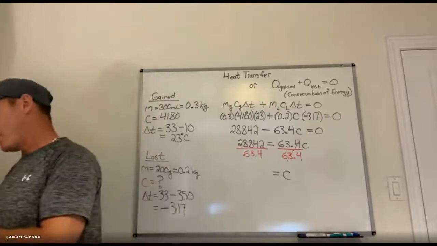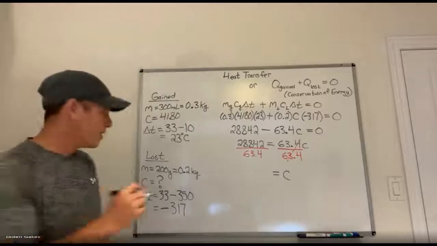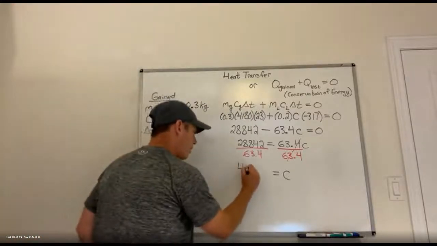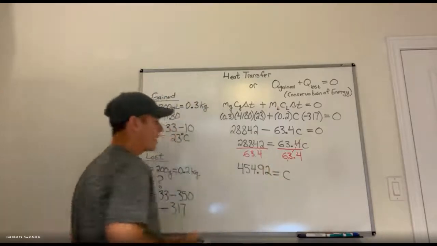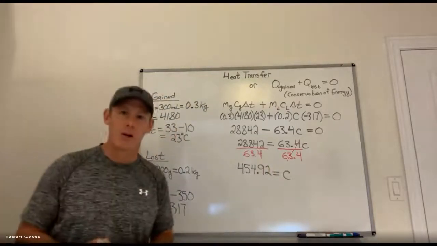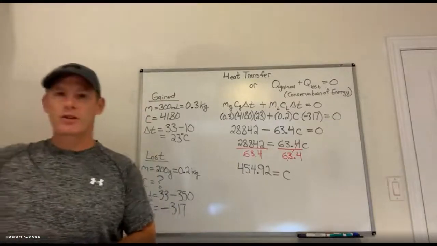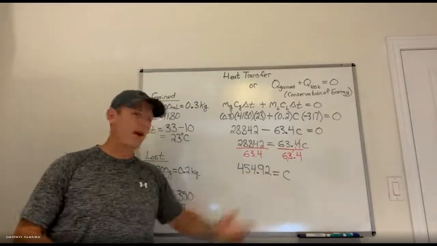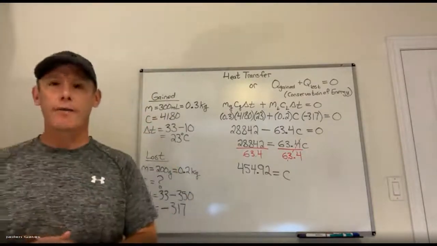And let's see here, we get 454.92 would be the specific heat capacity of this metal. And often what can happen in science, not just in this circumstance, is that when we find the specific heat capacity of that particular metal, it allows you to identify that metal.